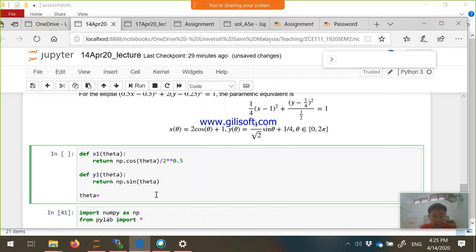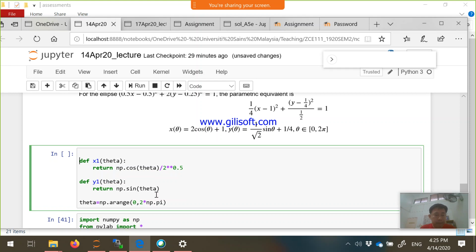Let's say np.arange, starting from 0 up to 2 pi, np.pi. Now when I use np.pi, I had better import numpy as np.